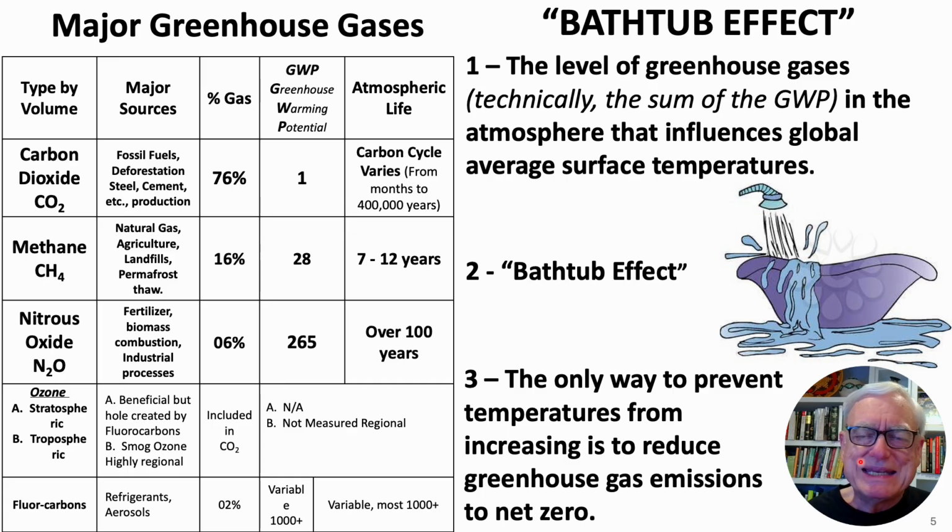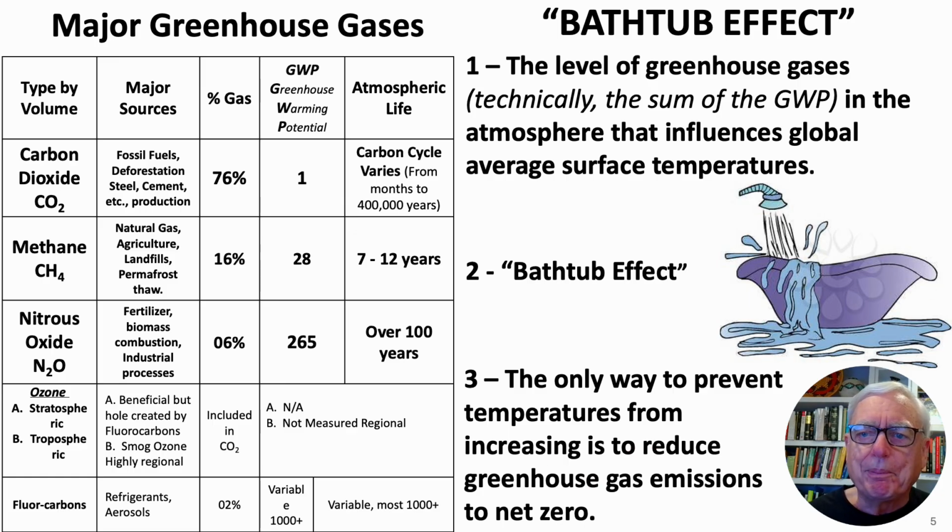And it didn't happen 10 years ago. So if you take a look at that and say, wow, that's quite a change. Well, the next 10 years is going to be infinitely worse because these levels are going up at ever increasing levels. And therefore, the only way to prevent temperatures from increasing is to reduce greenhouse gas emissions to net zero.